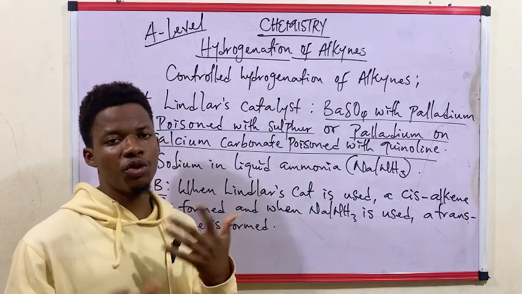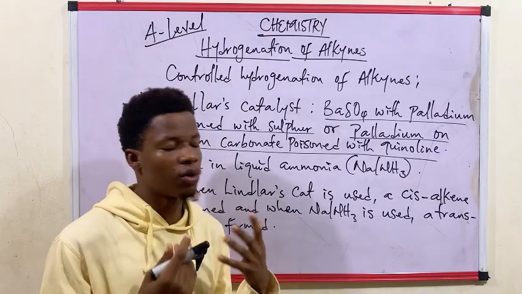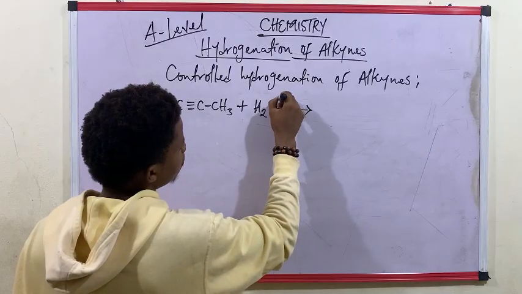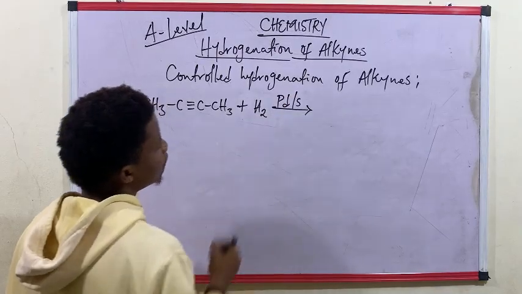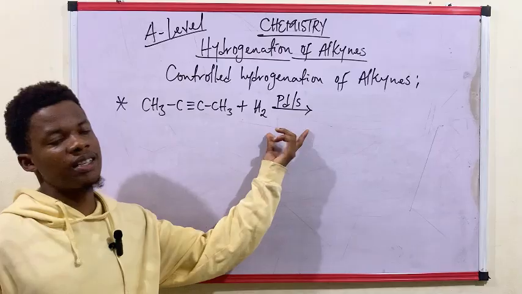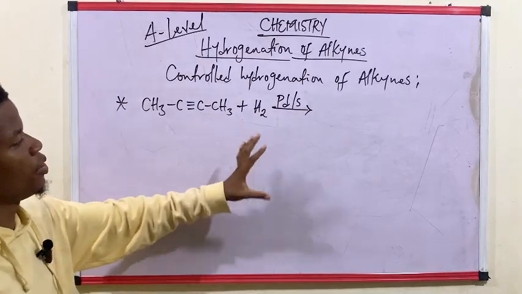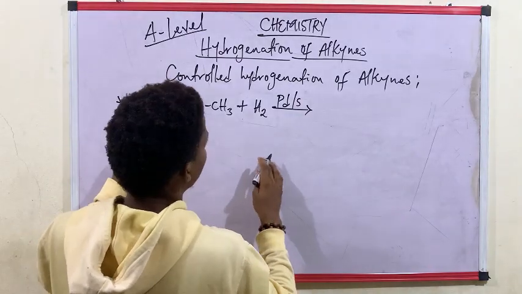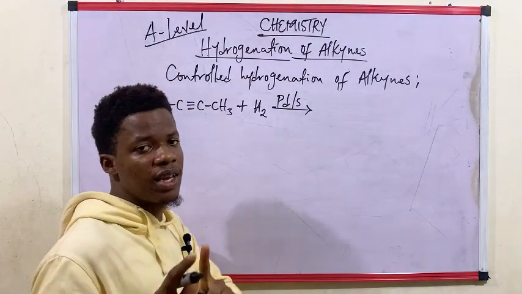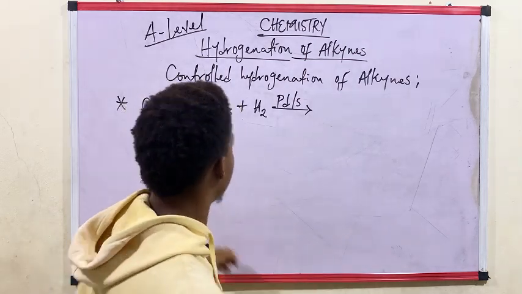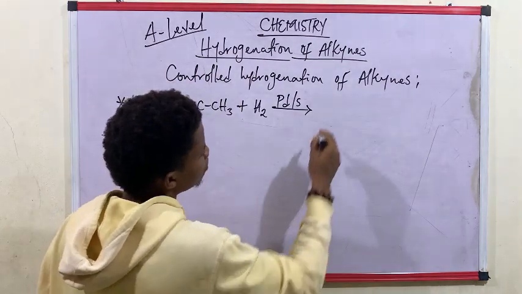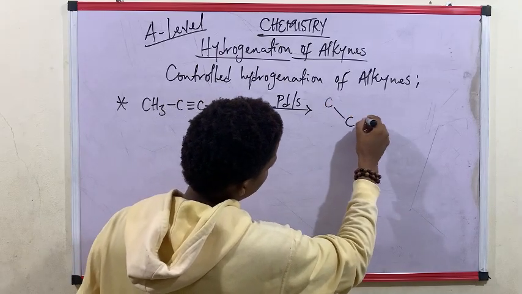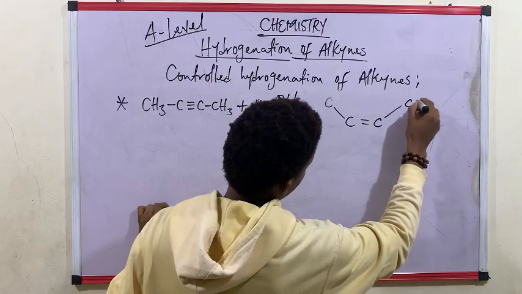So now let me show you how we can represent this in terms of structure. You can have this palladium present with sulfur, as Lindlar's catalyst. So when you have this, this is what we are going to get. Remember, when we use Lindlar's catalyst, we're going to get a cis alkene. Because there are 4 carbons, we're going to have something like this. One carbon, another carbon, and then another carbon.